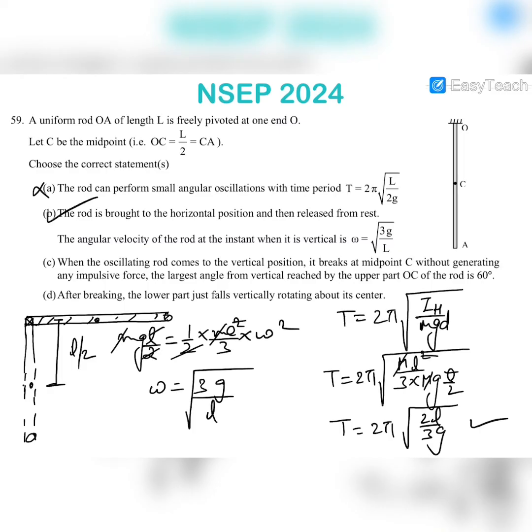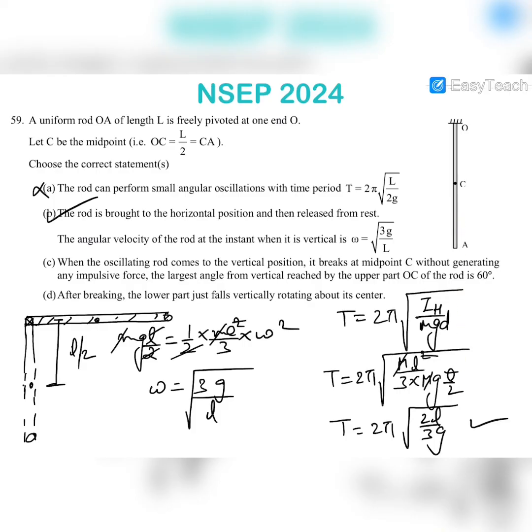Option D says that after breaking, the lower part falls vertically and rotates about its center. So it is saying that after the lower part has broken off, it falls vertically downward, which means the COM of this lower part goes in the y direction only.